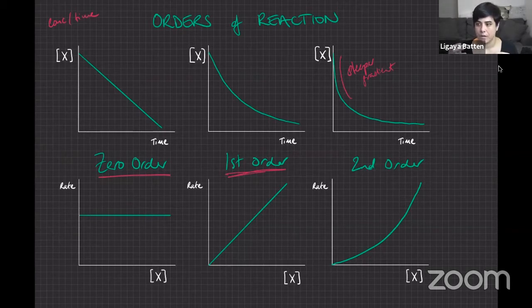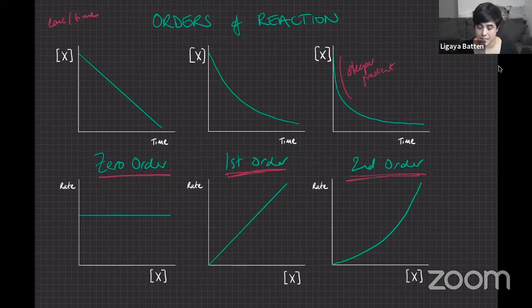So the more the concentration of X decreases, the more the reaction slows. We should be seeing a steeper gradient at the beginning and then much more of a slowdown towards the end. And this is what's called a second order reaction. And in a second order reaction, if you double the concentration, then the rate will times by 2 squared, which is 4. So the rate will quadruple.